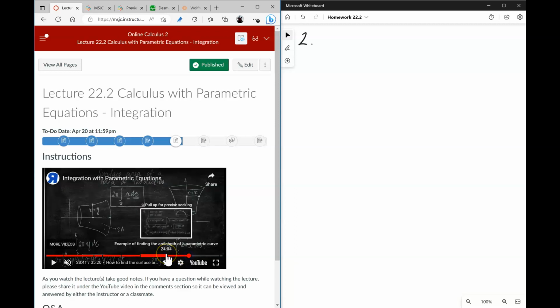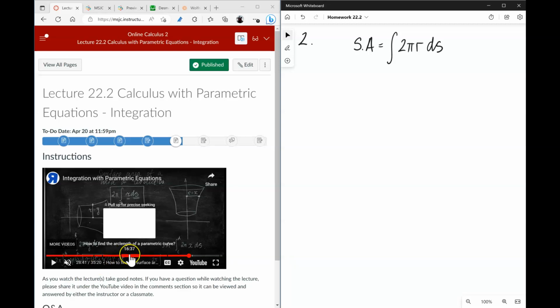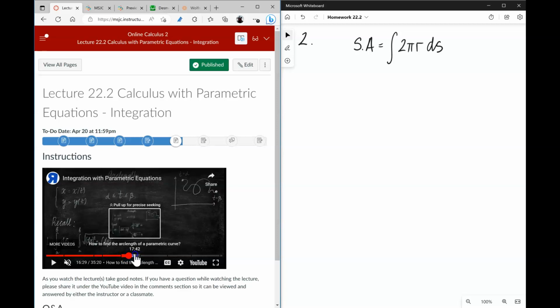And here you just need to understand what ds stands for. ds is the expression that we used when computing the arc length.